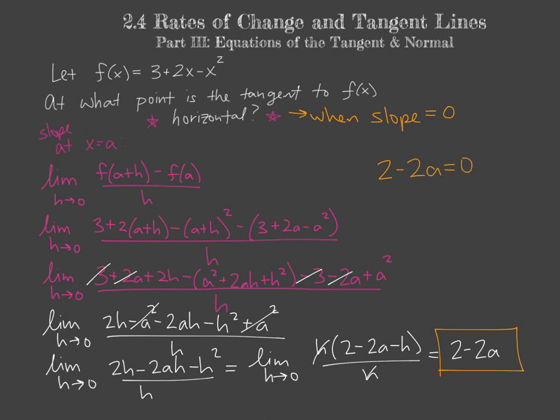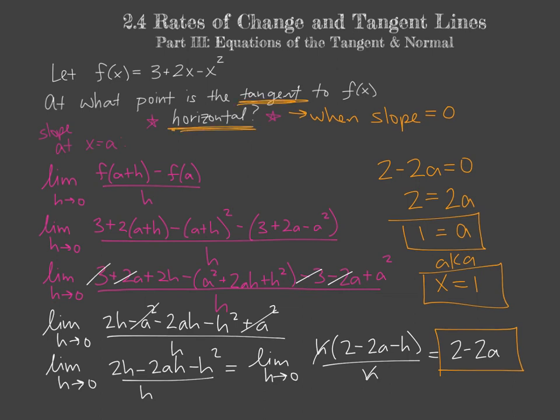When we do that, I'll add 2a to both sides and divide by 2. So when a, aka x, since a is just a general x value, when x is 1, our tangent there is horizontal. Let's check it out on Desmos and make sure.